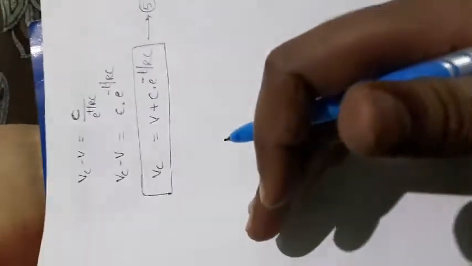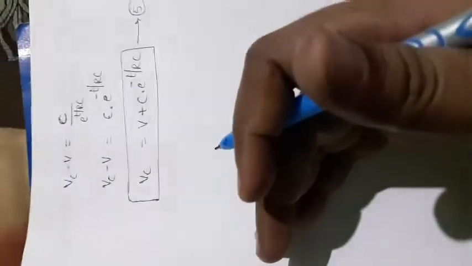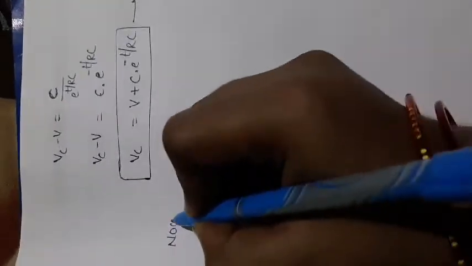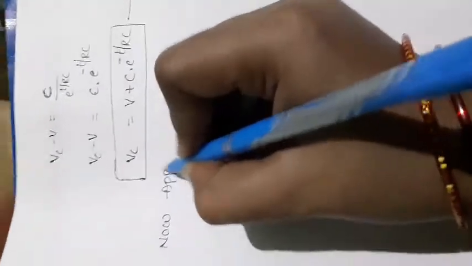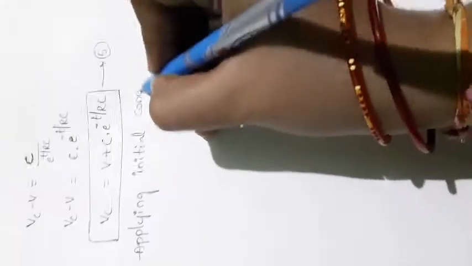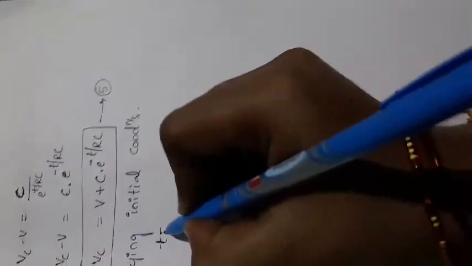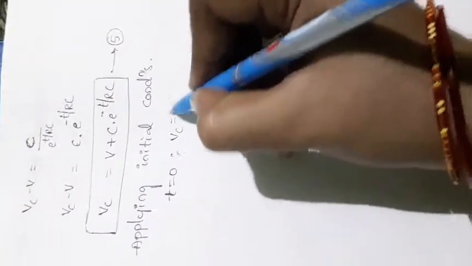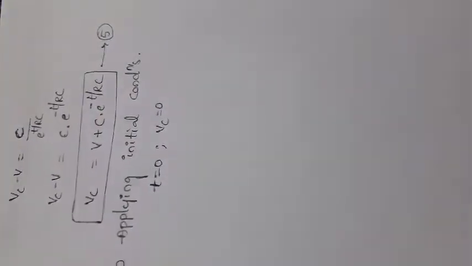Okay, so observe the previous derivation, what we had in the transient response of the RL circuit. After getting the V value, what will we do? Applying the initial conditions. Now applying initial conditions. Okay, so the initial conditions are t is equals to 0 and here Vc is equals to 0.